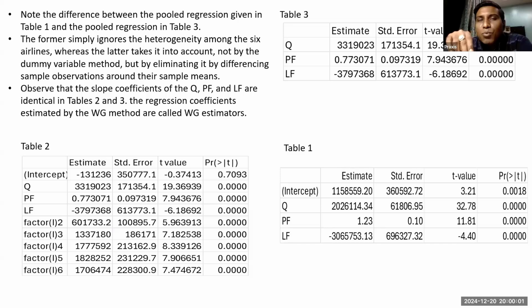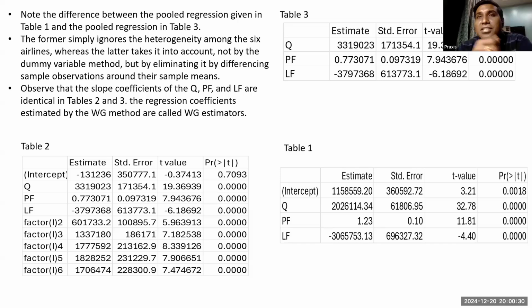Because in pooled OLS we did not recognize the fact that there are individual specific fixed effects. But in the fixed effect within group model, we first recognize them in the model, and then in the estimation process, through demeaning, we remove them. So though we remove them in Table 3, we recognize the fixed effect.